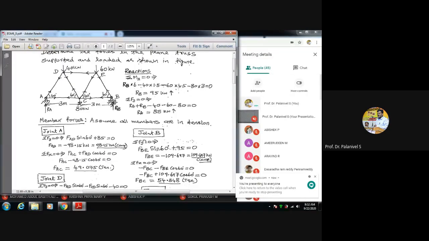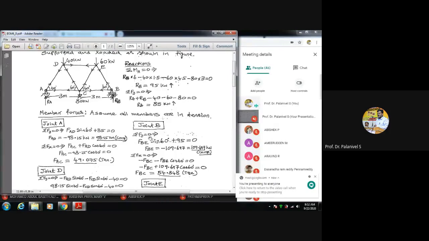Next, joint B. Sigma Fy equal to 0. I am coming to joint B, a similar joint. I am applying the static equilibrium condition sigma Fy equal to 0. So FBE, force in the member BE, you resolve it vertically.